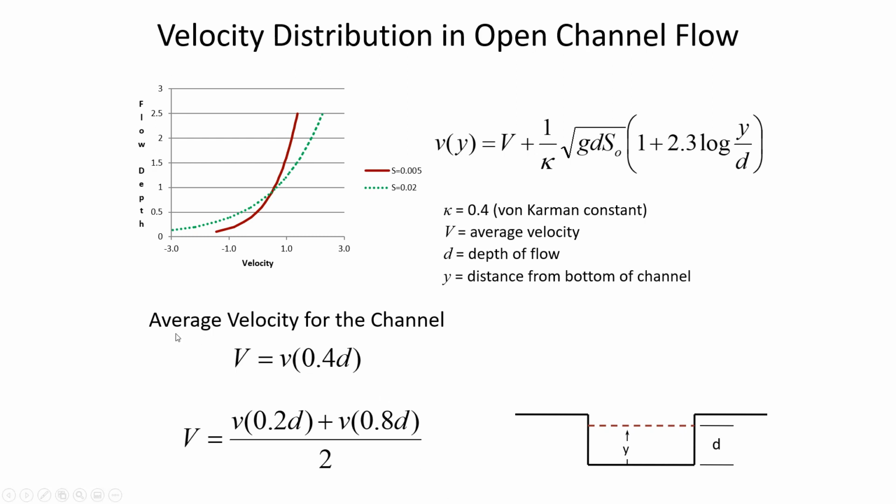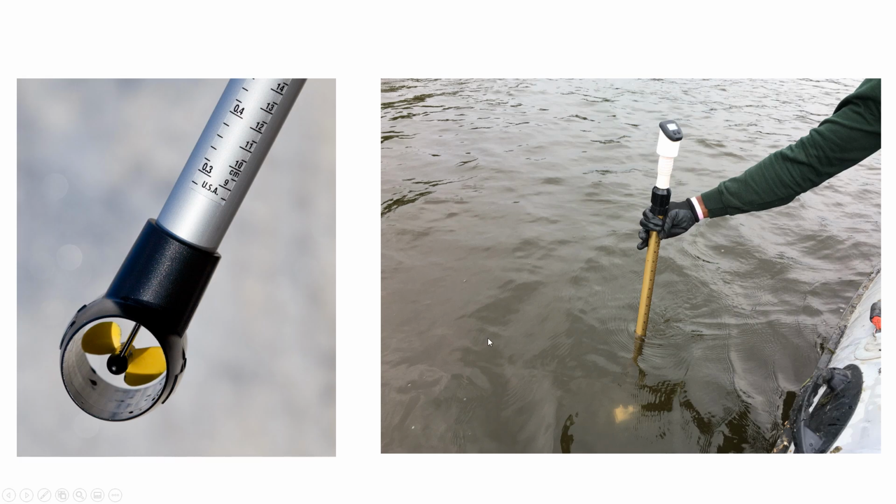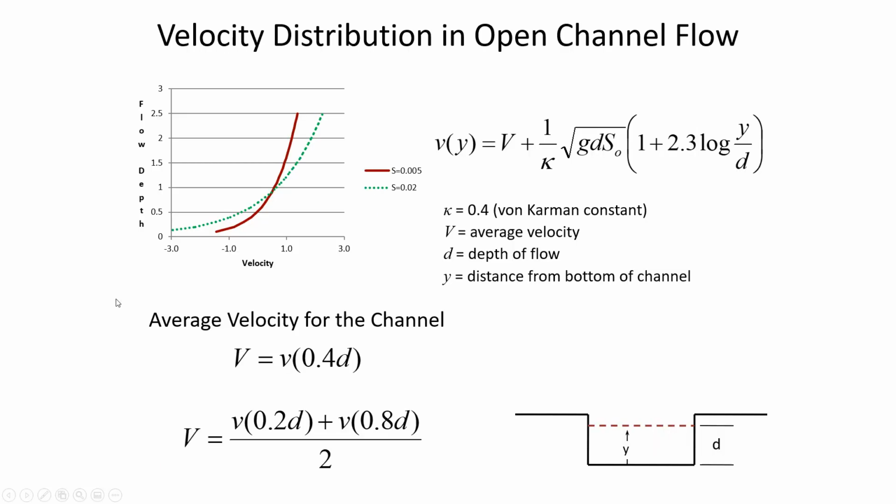So this is just suggesting a couple of different ways to determine what is the average velocity. You'd take a sensor like this, and if you knew that the channel is 2 meters deep, then you'd measure it 2/10 of the way from the bottom, so 40 centimeters off the bottom, and then you'd measure at 80% depth, and you'd find the average velocity that way.